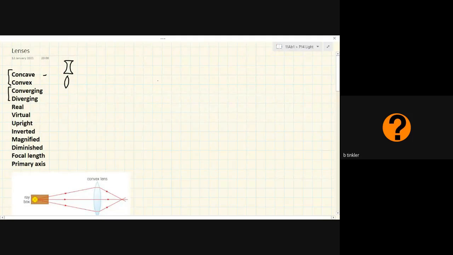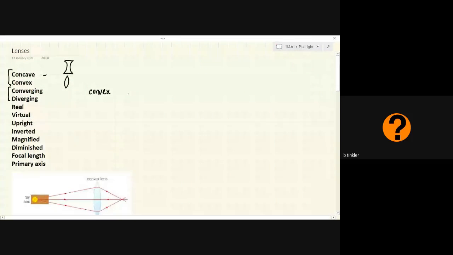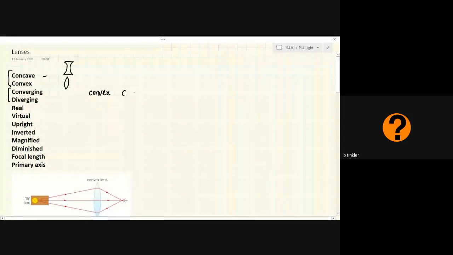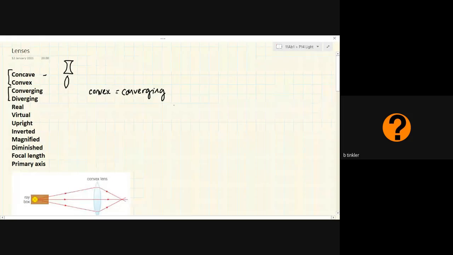Okay, so a convex lens is a converging lens, and converging means bringing to a point.